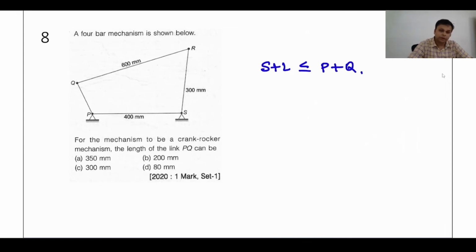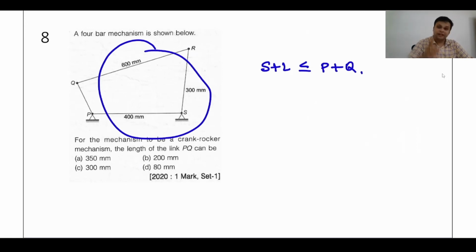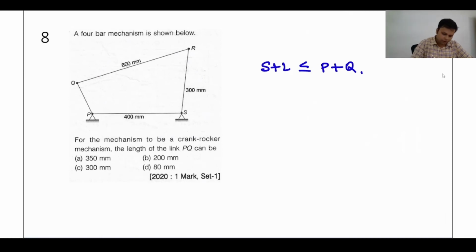So definitely, if you want a crank rocker, the input link must be the smallest link to obtain a crank rocker mechanism. It must be less than all three, so can I say this link must be between B and D? It will be either 200 mm or 80 mm.